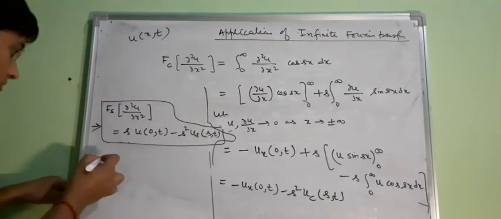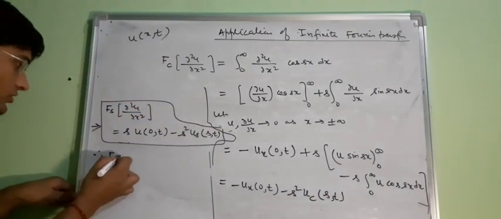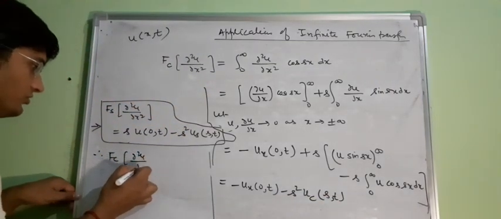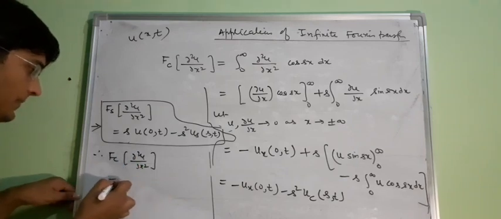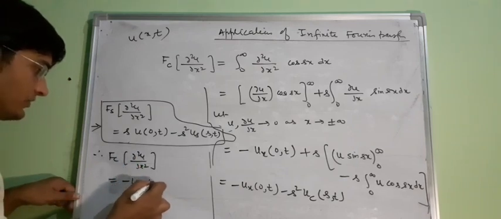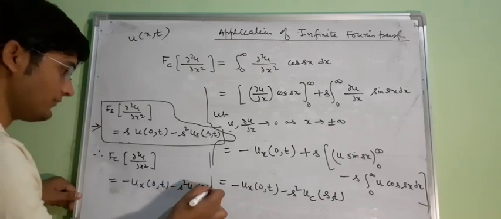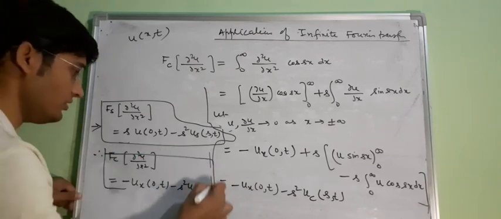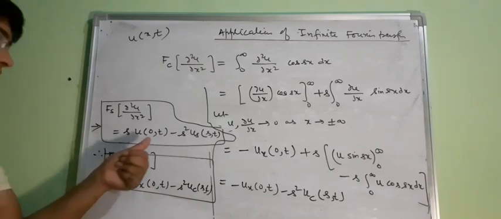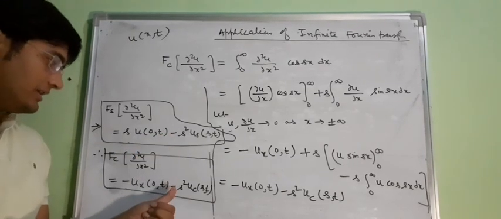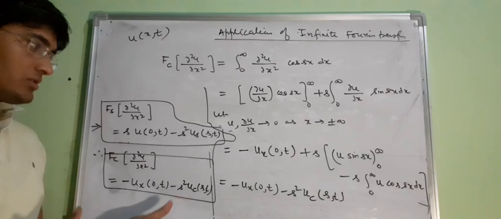So we have another formula. The Fourier cosine transformation of del 2 u upon del x2 is equal to minus ux 0 comma t minus s square uc s comma t. So this is the formula for the Fourier sine transformation, and this is for the Fourier cosine transformation.